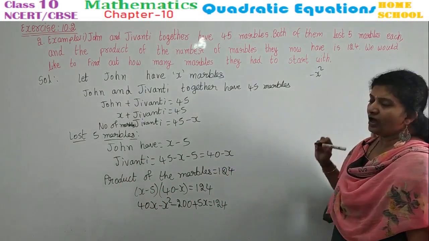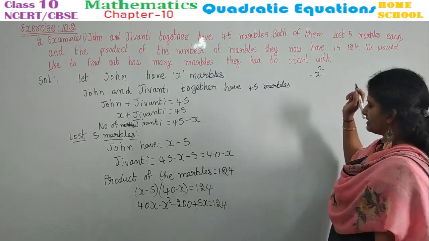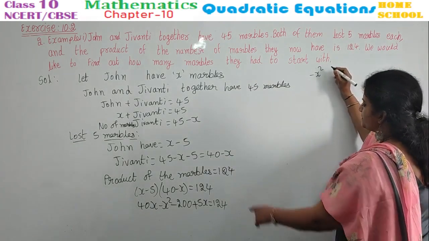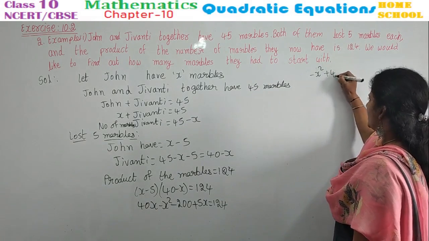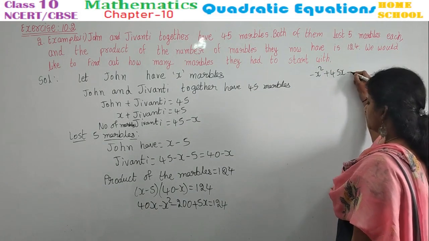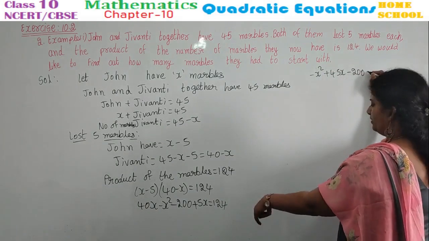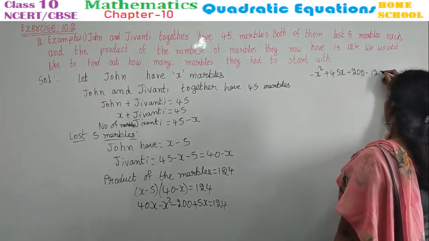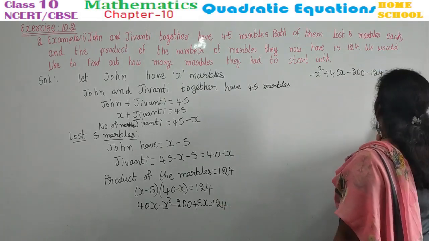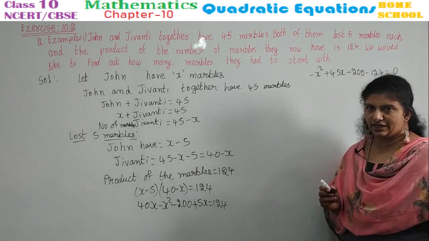Now, write this equation here. Always start with the highest power. Minus x square, 40x plus 5x will be plus 45x minus 200. Bring this 124 that side. Minus 124 is equal to 0.